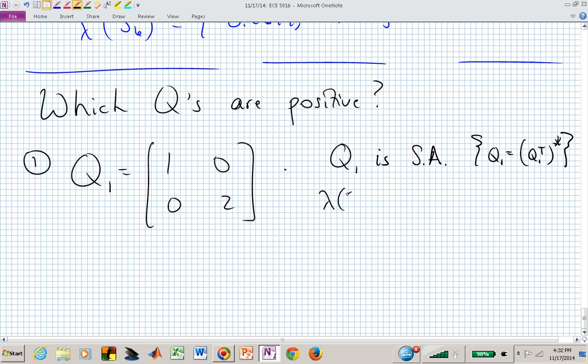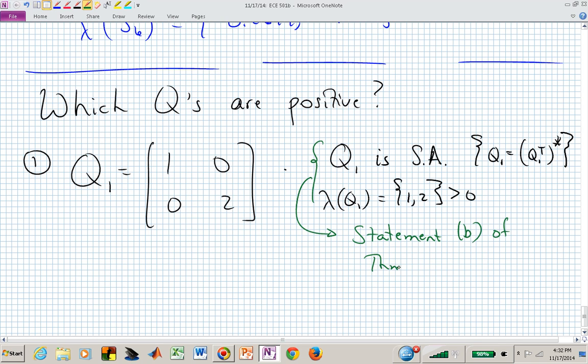So we could say that lambda of Q1 is made up of 1 and 2, which are both non-negative, and these two taken together are statement B of theorem 727. And that then means that it's equivalent to statement A, where Q1 is now positive.